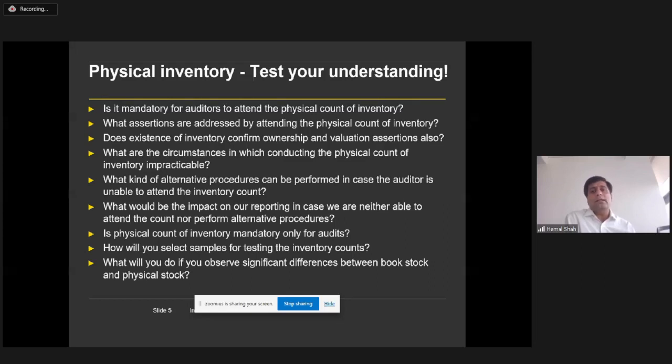Now, 10% of value is the number given under CARO and the guidance note. What is critical is that the auditor's materiality could be completely different. For example, if I am auditing a very large company and my materiality is, say, 10 crore rupees, and the difference in raw material is only 1 crore, but it is higher than the 10% threshold because the value of the inventory is only, say, 8 crore. 10% of 8 crore is 80 lakh, and the difference in raw material at year end is 1 crore.